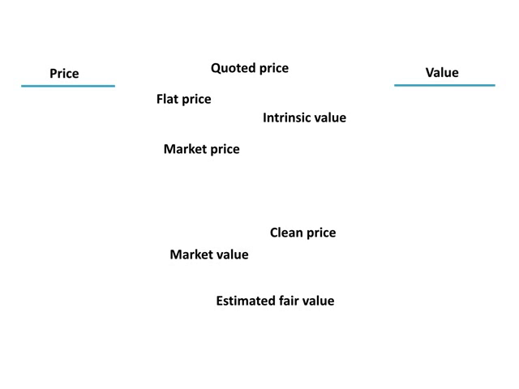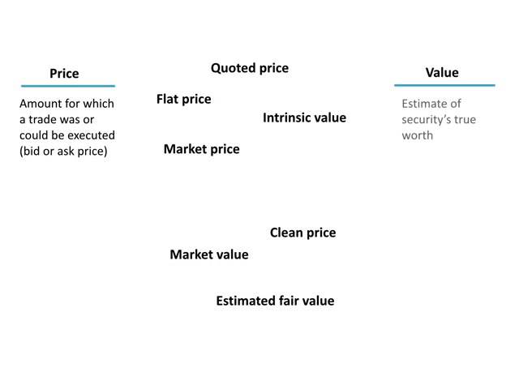To a fixed income investment professional making a distinction between price and value, price would mean the dollar amount at which a trade was or could be executed. That is an execution price or quoted price. Value would refer to the amount an investor believes a bond should or will trade at in normal market conditions once all factors affecting risk and expected return are accurately assessed.